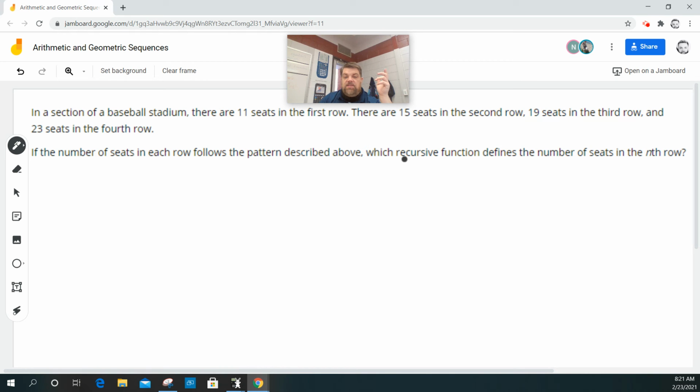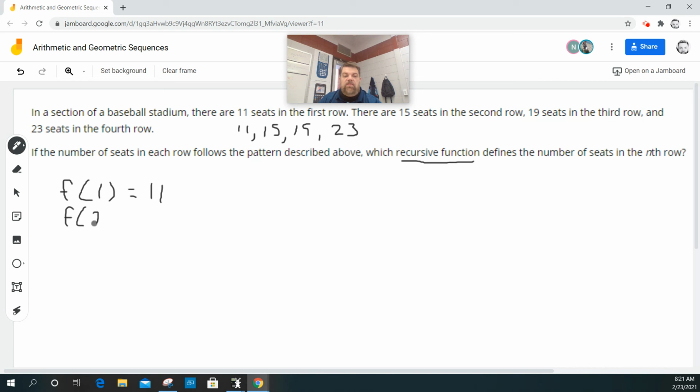But basically what they're asking us to do is to figure out the recursive function. So that way I could say, well, how many seats are in the 10th row? All right. So the sequence itself is 11, 15, 19, and 23. So I would write that as the first term is equal to 11.